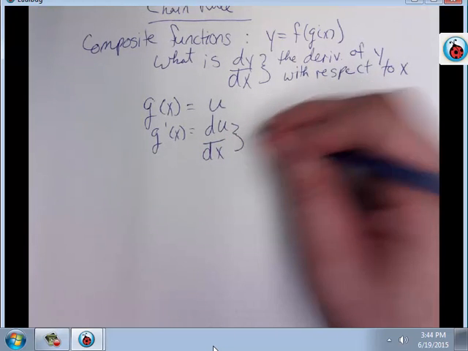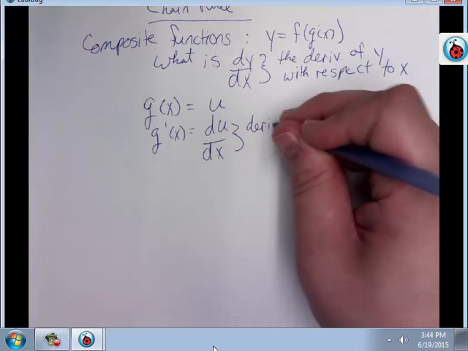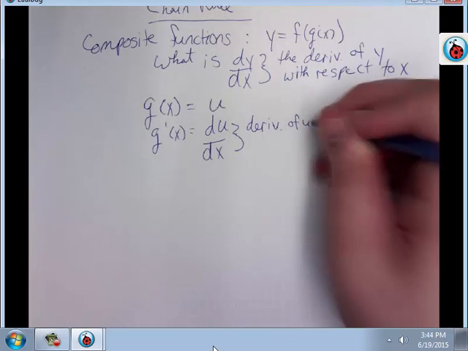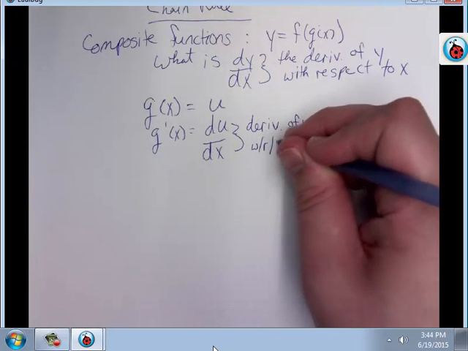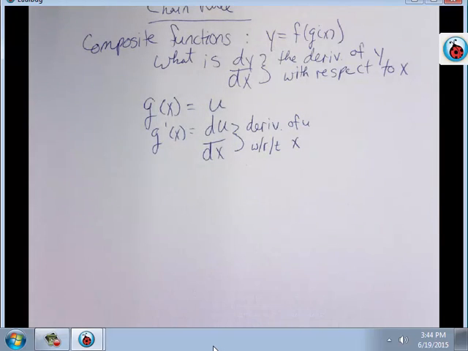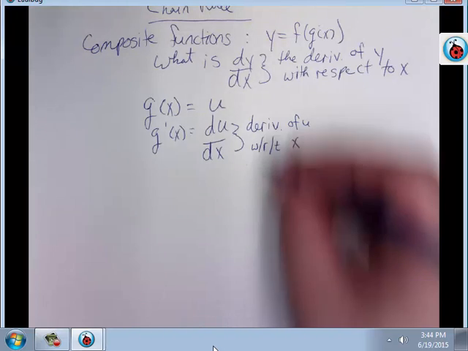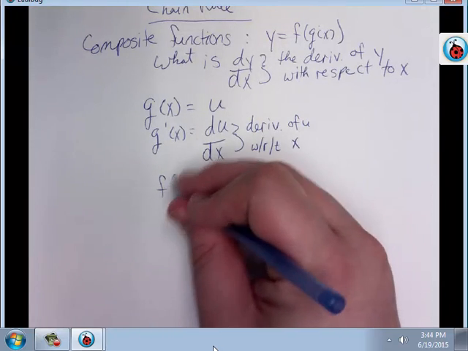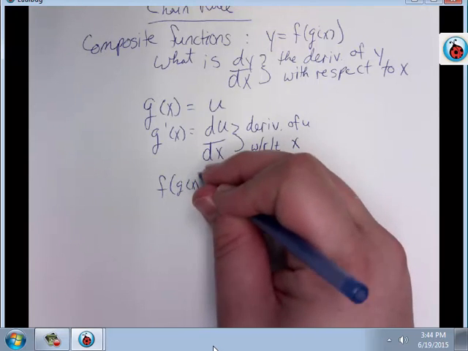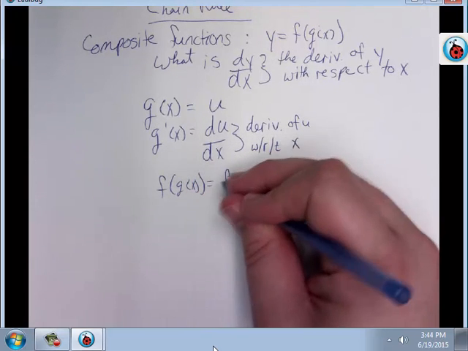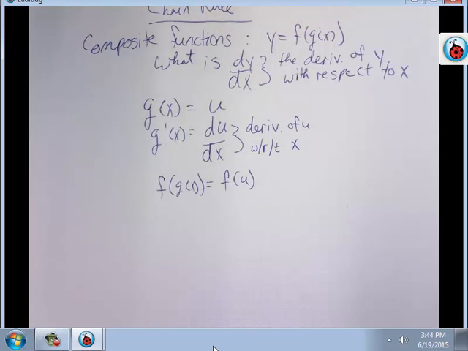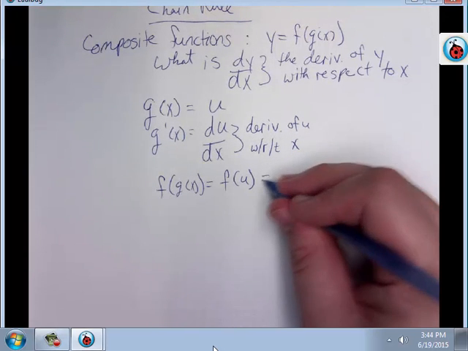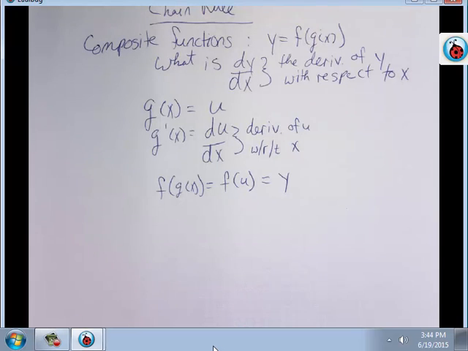Remember, this is the derivative of u with respect to x. When I do f of g of x, it's the same thing then as finding f of u, which is going to give me my end result, which is y.